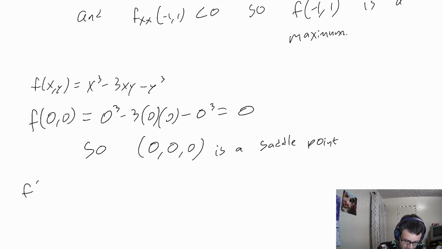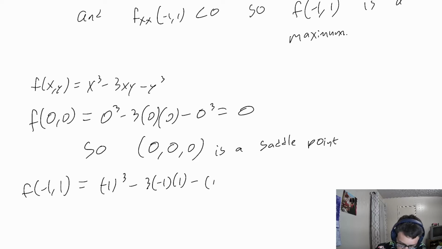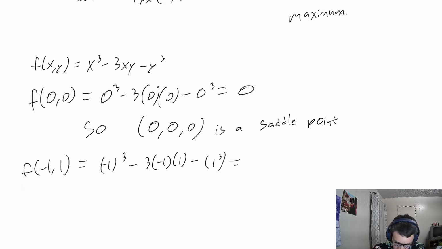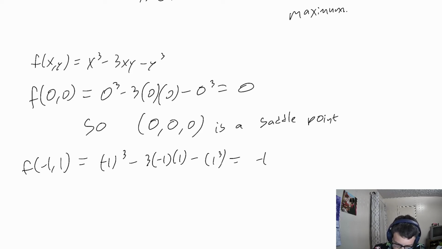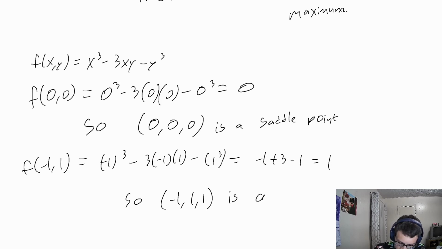And then lastly, if we plug in f of (-1, 1), we're going to have minus 1 cubed minus 3 times minus 1 times 1 minus 1 cubed. So this is minus 1 plus 3 minus 1, which is 1. So (-1, 1, 1) is a maximum.